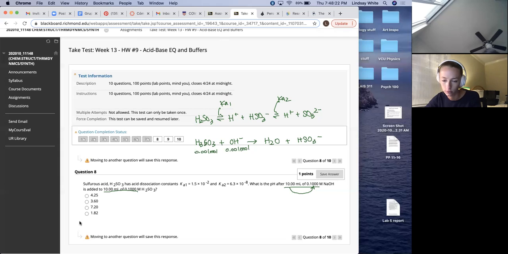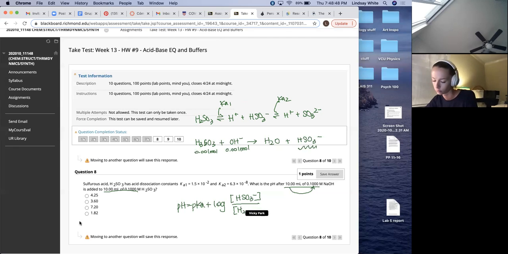So there's no conjugate base that's being made. So then if pH is equal to pKa plus log, this is 0.001.